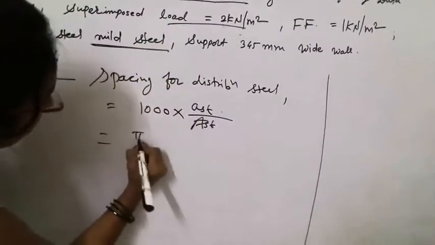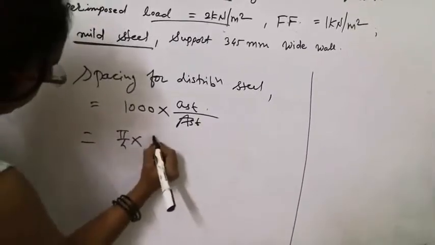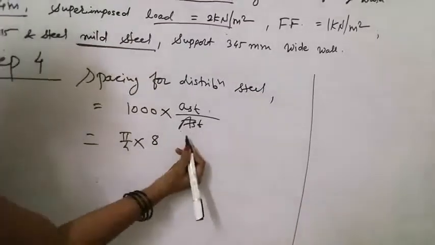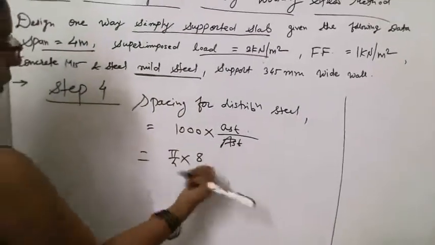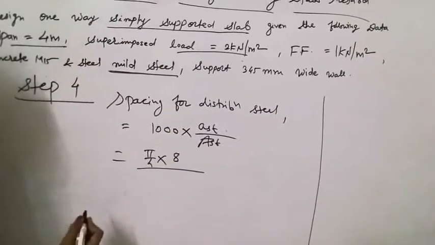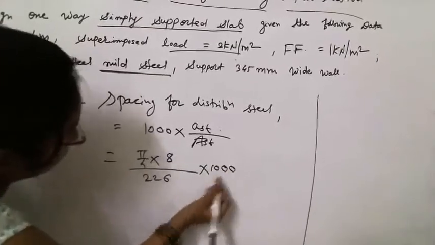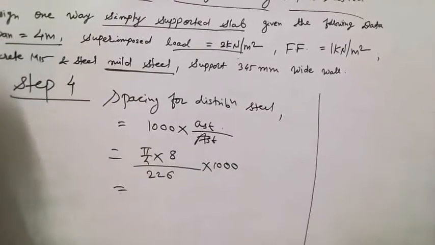Small AST is pi by 4. We are going to assume the diameter of bar is 8 mm for distribution. For main 12 and for distribution 8. Capital AST already calculated 226 into 1000. Use the calculator, find out the value.